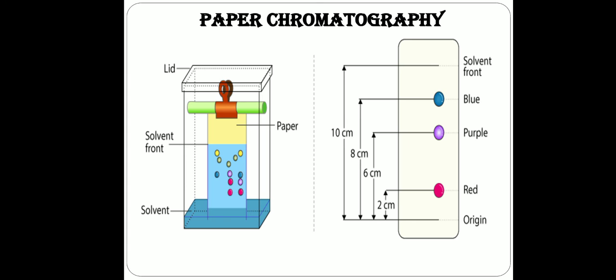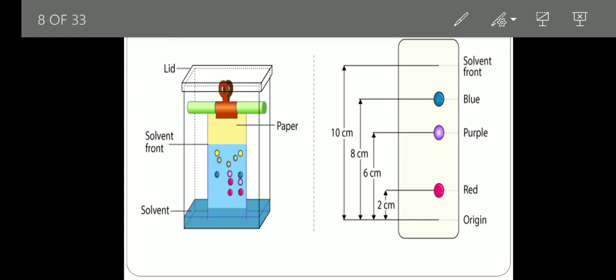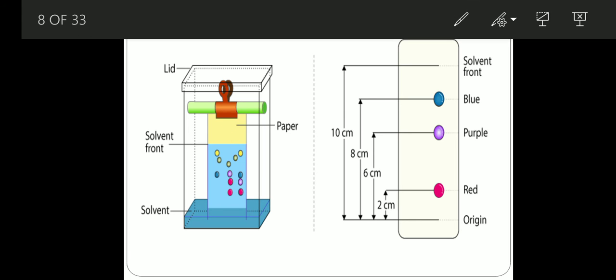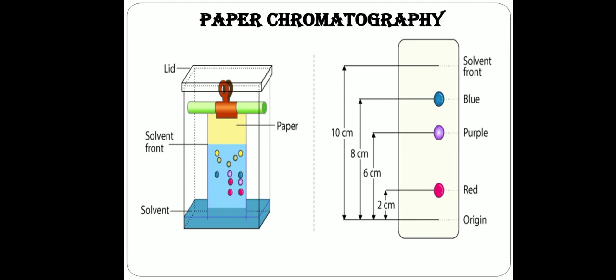Then there should be a mobile phase. Here the moisture present in the Whatman filter paper acts as the stationary phase, and the mobile phase is liquid. Then the sample has to be applied.